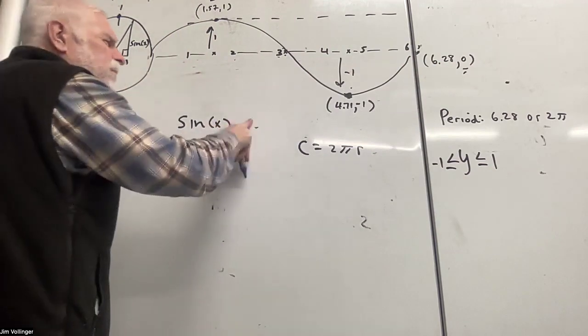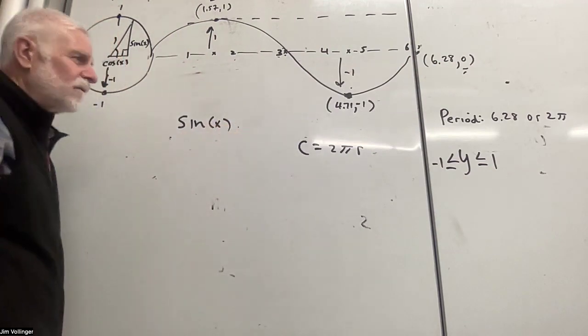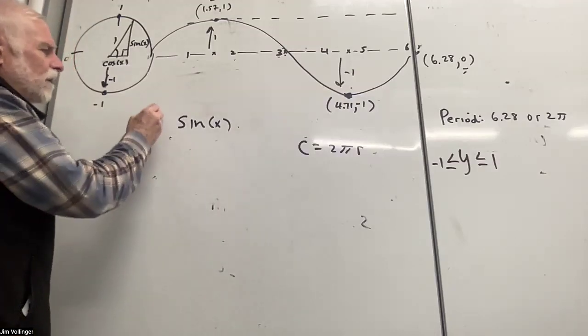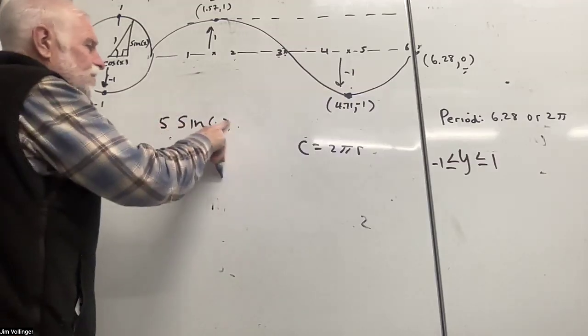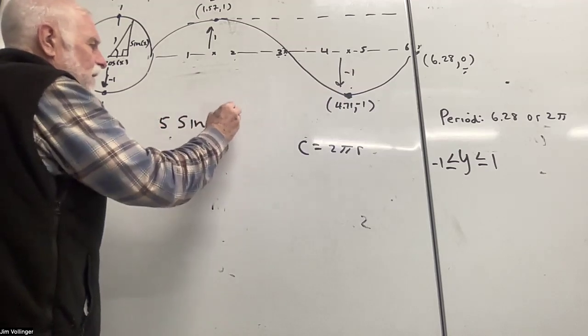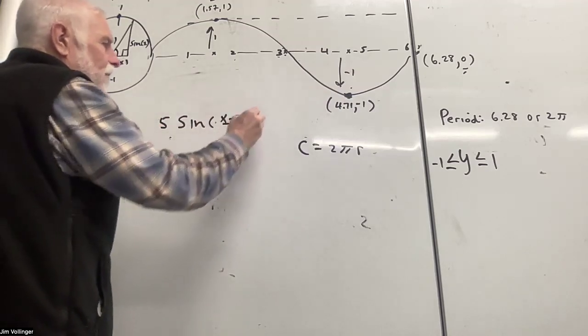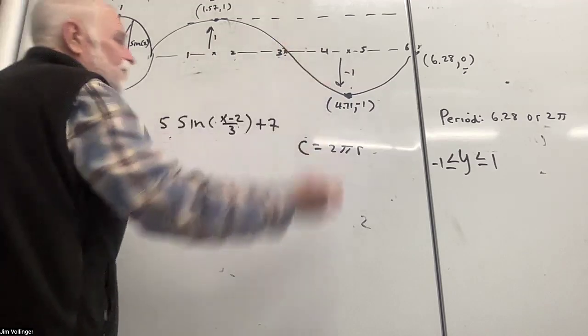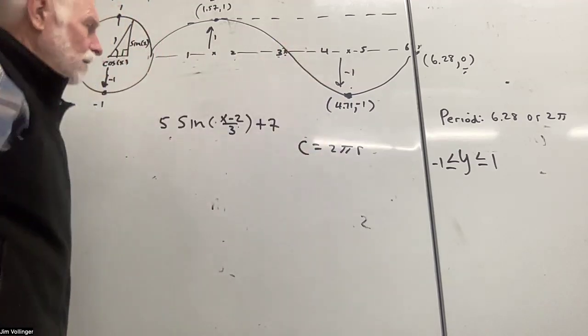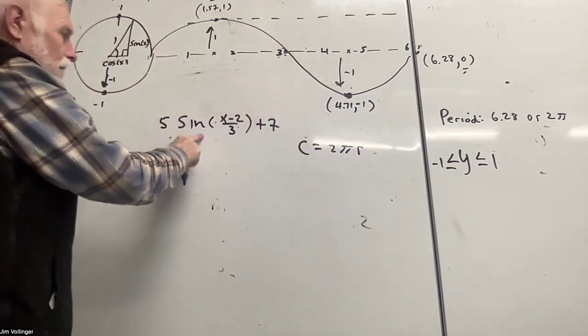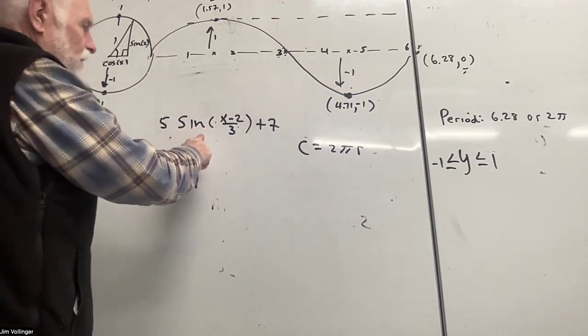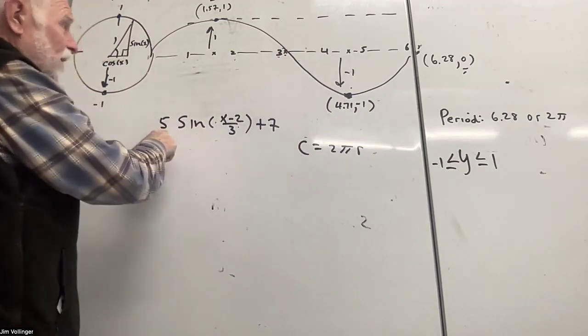But we probably have to remember that they're there, because what happens when I make this 5 and I change this to be x minus 2 over 3 and I make that a 7? How does this graph change? Well, I used to have things that were coming out of this 1, -1, but I'm multiplying by 5.